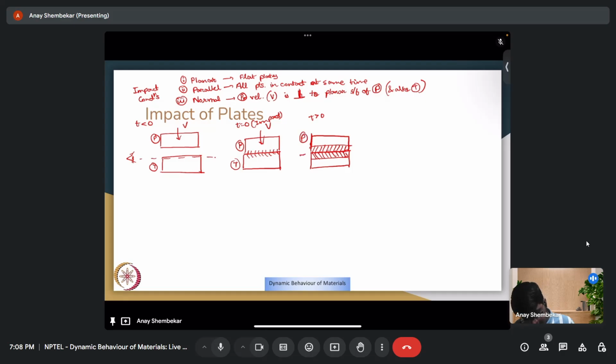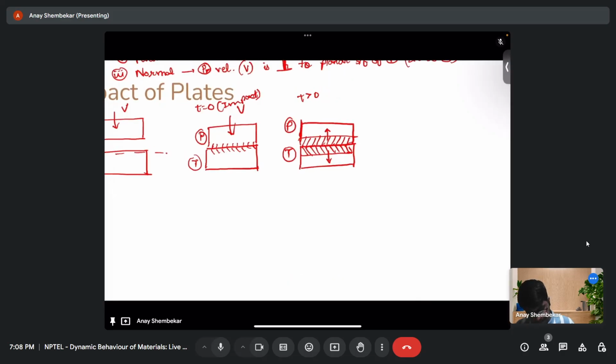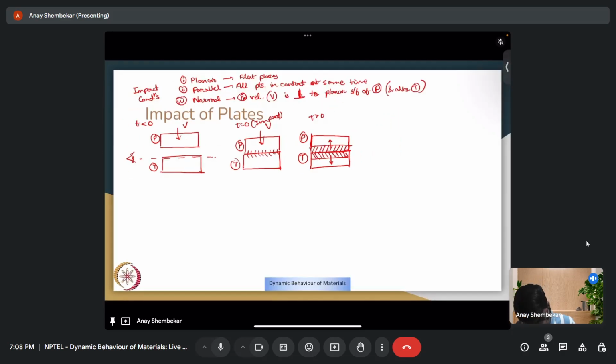Both will have shock waves. The shock front will move with some velocity Us, and the particles will move with velocity u_p projectile and u_p target. This is still moving with velocity V.